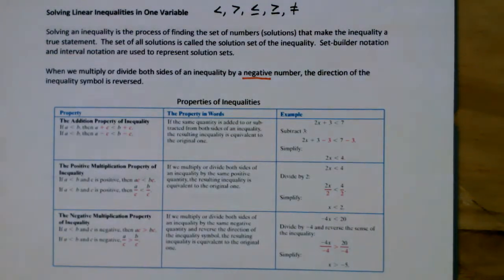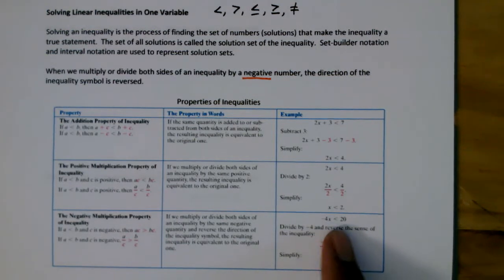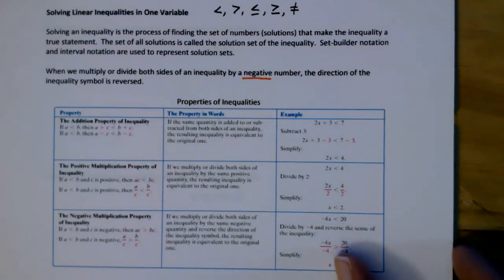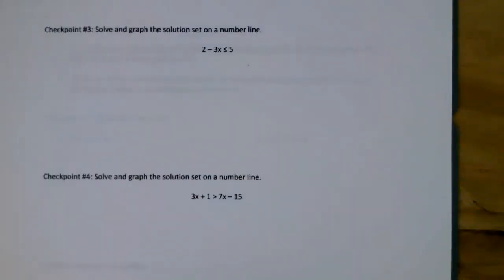But for the negative multiplication property of inequality, if you multiply or divide both sides by a negative number, you reverse your inequality symbol. Like in this one, when you got negative 4x is less than 20, you divide both sides by negative 4, but you reverse the inequality symbol from less than to greater than to get x is greater than negative 5. And we're going to look at a few examples of that right now.